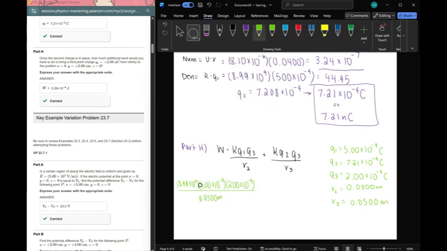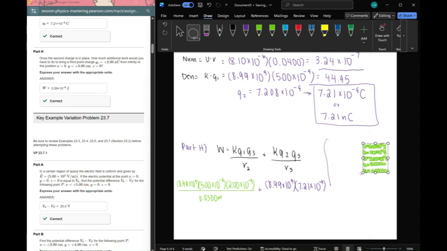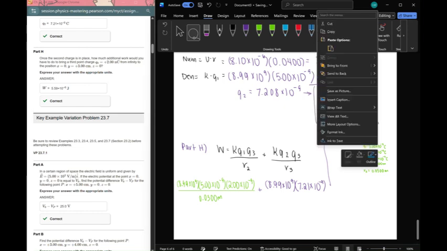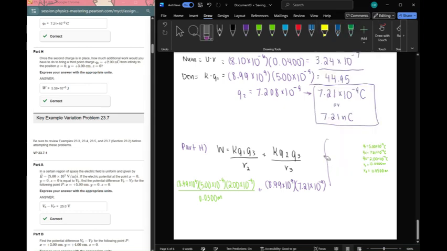Okay, now we're gonna do the second one. 8.99 times 10 to the 9. Q2 is the second point charge, 7.21 times 10 to the power of negative 9 coulombs. Let me make this smaller. There we go, you'll be able to see.